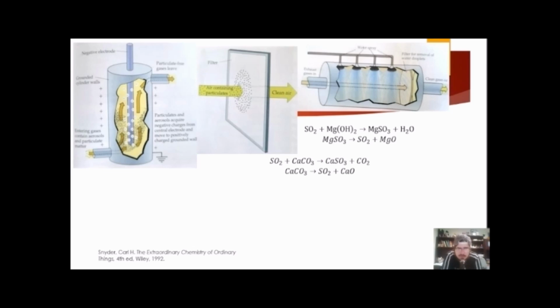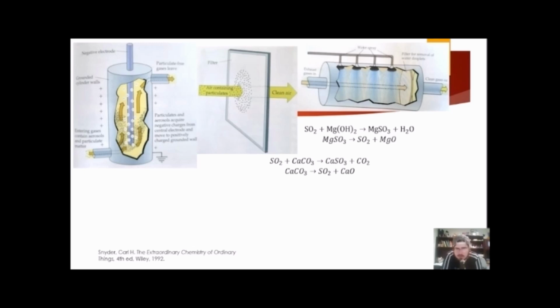So we pass air through this water misting system. As the gas gets sprayed, the water absorbs onto the aerosols and the solids, and it's passed through a filter with a fine slurry of things like calcium carbonate or magnesium oxide.